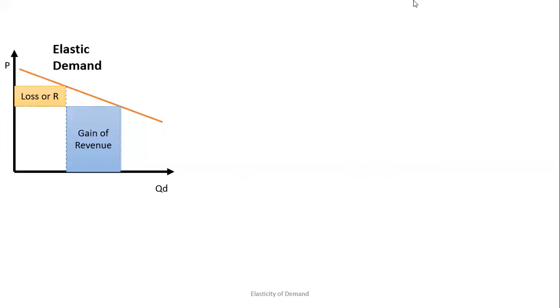So we can see that the gain in revenue will dominate and cancel out the effect of the loss in revenue. Therefore, the total revenue will increase. And we already discussed that when price and revenue move in opposite directions, this is the case of elastic demand.